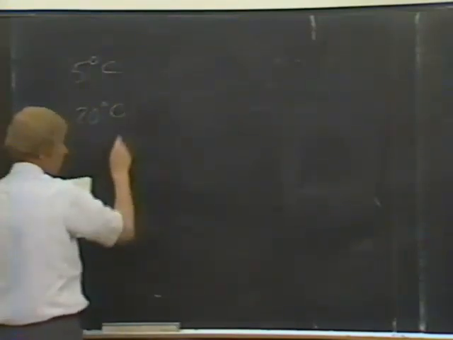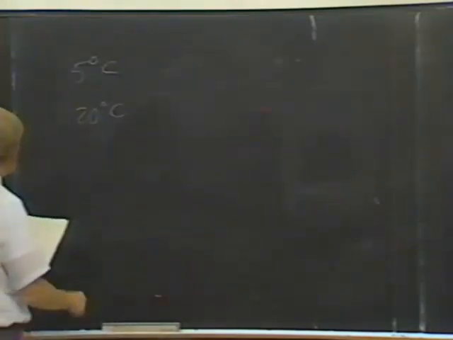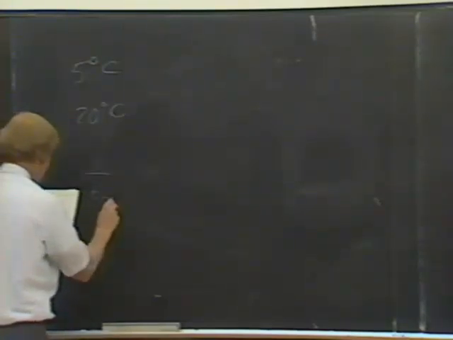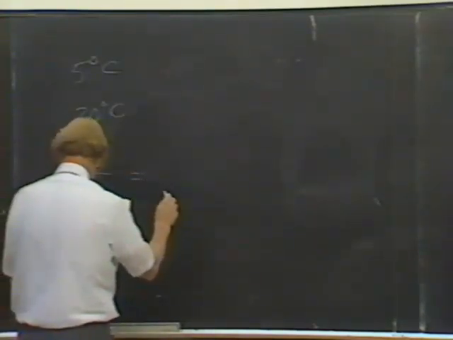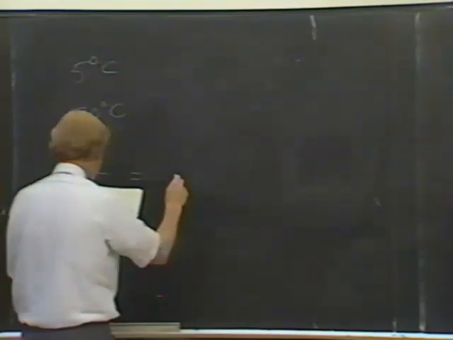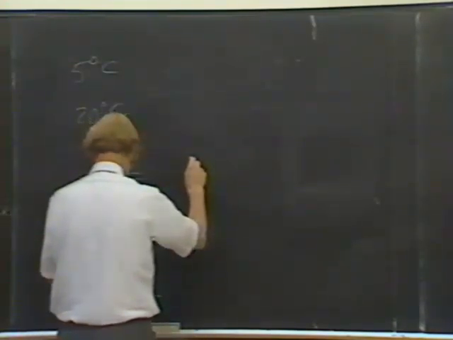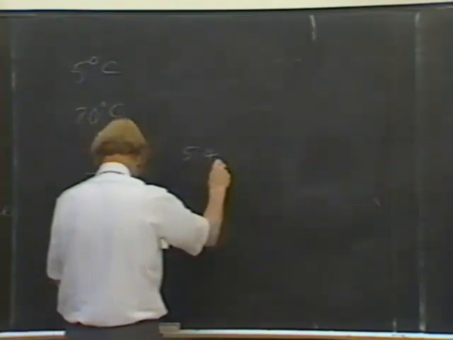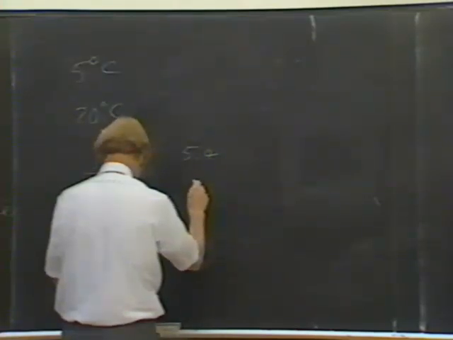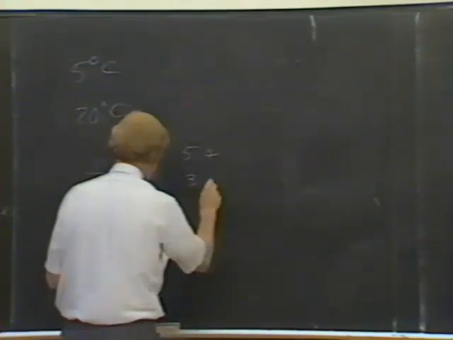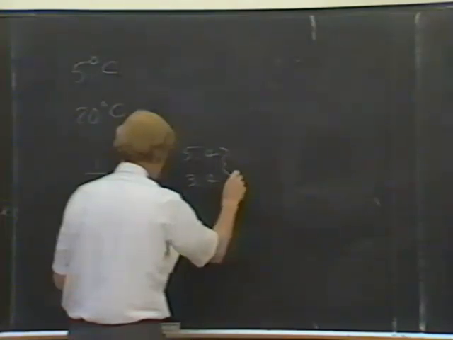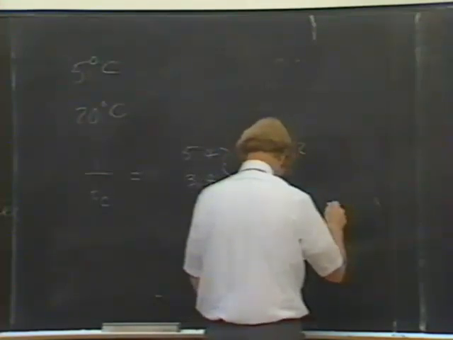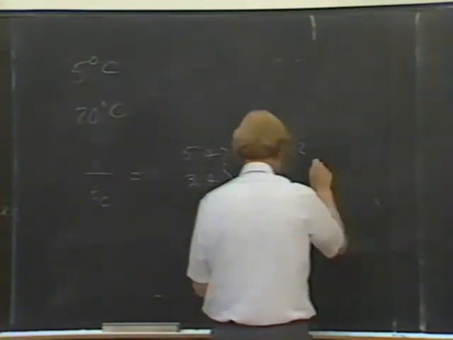We find that 1 over t sub c is equal to 5.4 at 5 degrees centigrade and 3.4 at 20 degrees centigrade, times 10 to the minus 12th N0, or N bar, I've been calling it, per second.